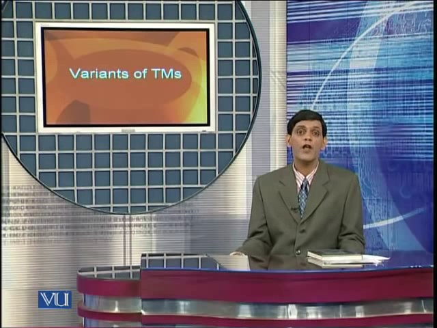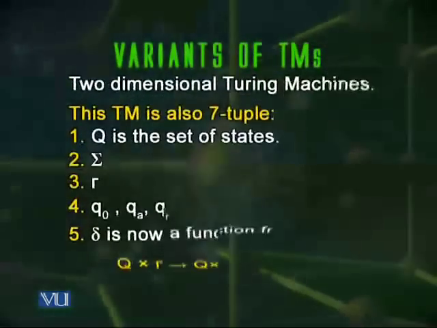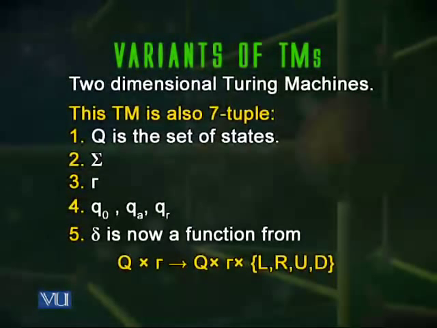So formally, we can define a Turing machine with a two-dimensional tape as follows. Once again, it would be a 7-tuple consisting of Q, the set of states. There'll be an initial state, accept state, and a reject state. Furthermore, Σ is going to be the input alphabet and Γ is going to be the work alphabet.